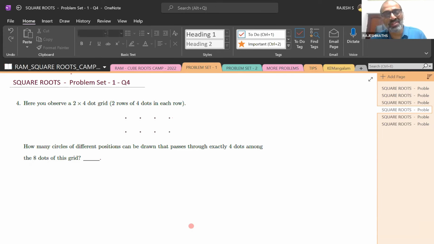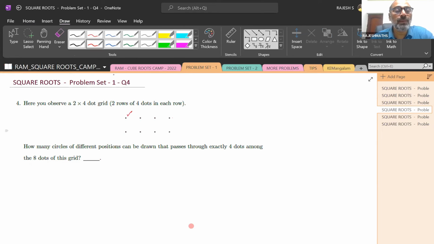For that only, different positions has been given. Otherwise, one may say I can keep on drawing a lot of circles and say there are infinitely many circles. To avoid that, it's given different positions. So there can be circles of the same size at different positions. Same position circles, you cannot count more than once. That's the key thing.